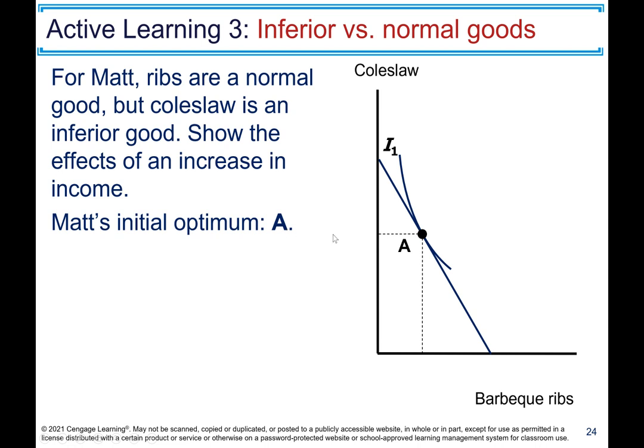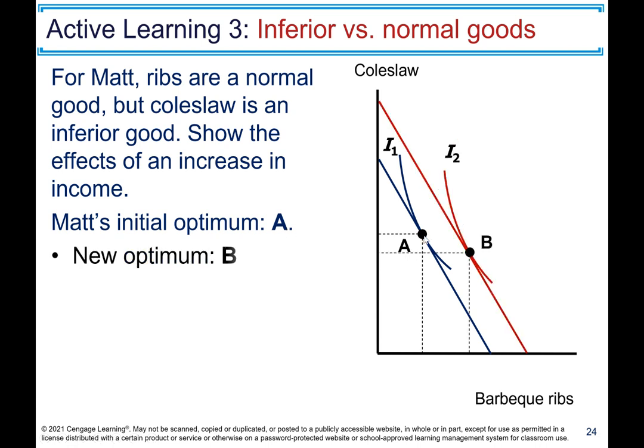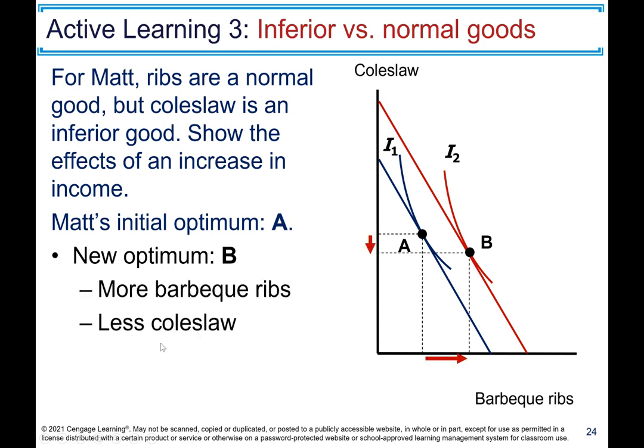Matt's initial optimum is point A. The new optimum is point B, which means more barbecue ribs, moving from this point to this point, but less coleslaw as you move down, because coleslaw is inferior. Income goes up, you buy less. Barbecue ribs is a normal good. Income goes up, you buy more.